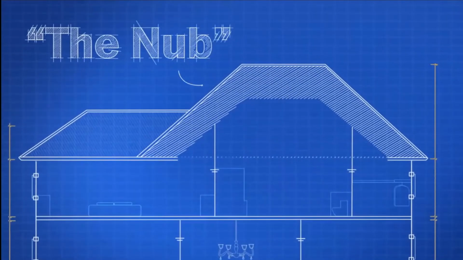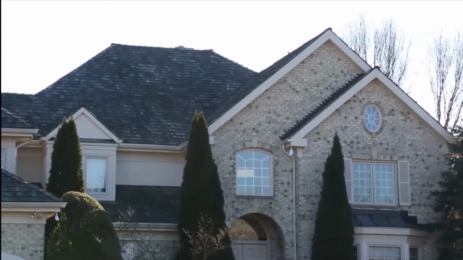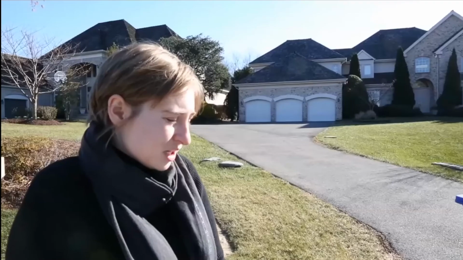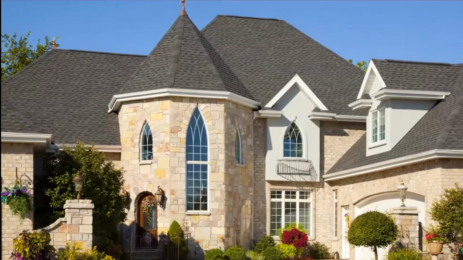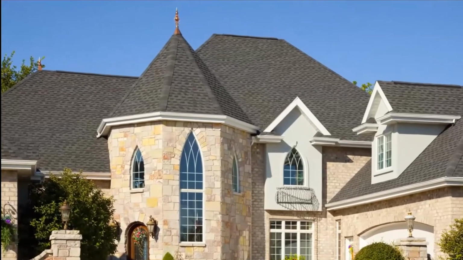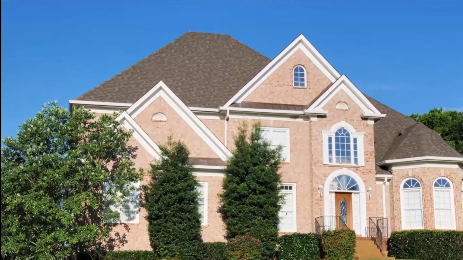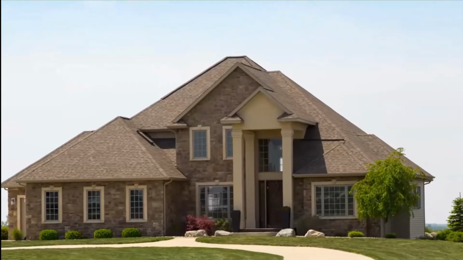The first design casualty is usually the home's roofline. The nub is what happens when roofers or designers are lazy and, instead of doing the logical thing, which is to square out a roof or to have a nice hipped roof or a nice gable, they decided instead to just combine the two into this hunch that sits on the top of a house and makes really no architectural sense.